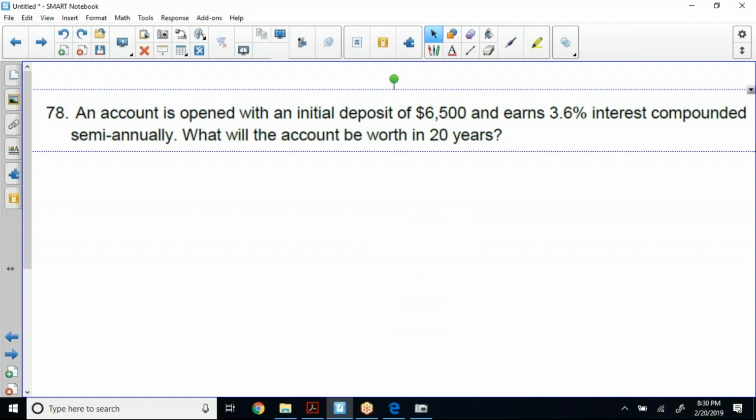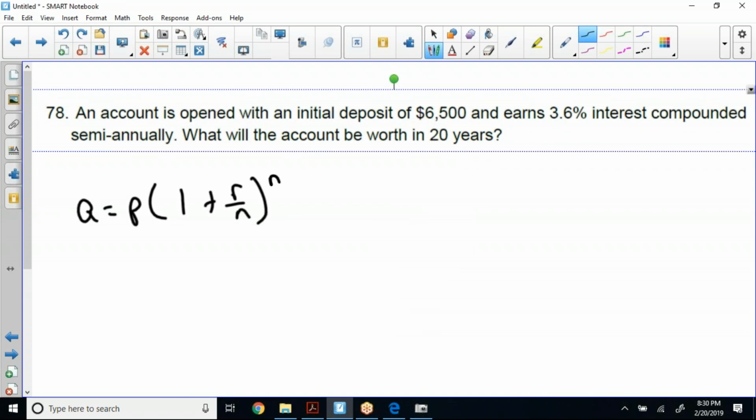So, this is a compounding interest problem. I know it's A equals P times 1 plus R over N, raised to the NT. I normally write A, P, R, N, and T because I like to pull this information out. He made an initial deposit, that's the principal, right?